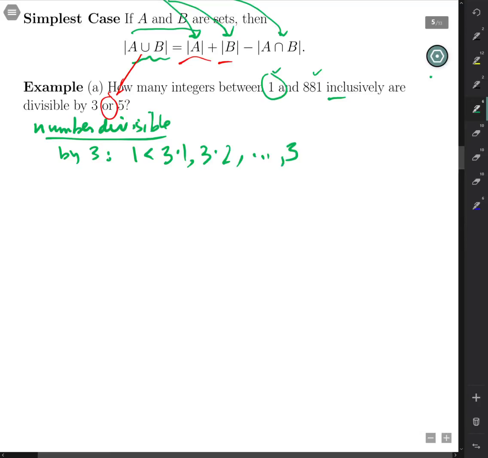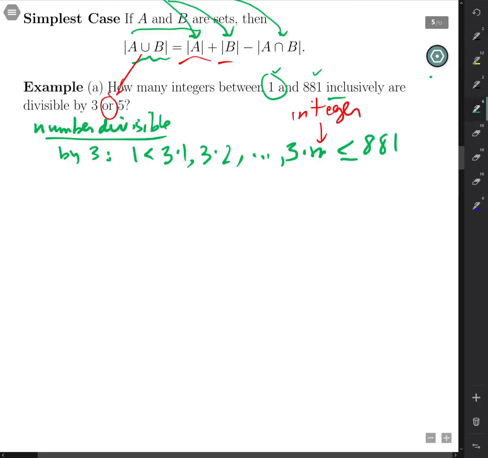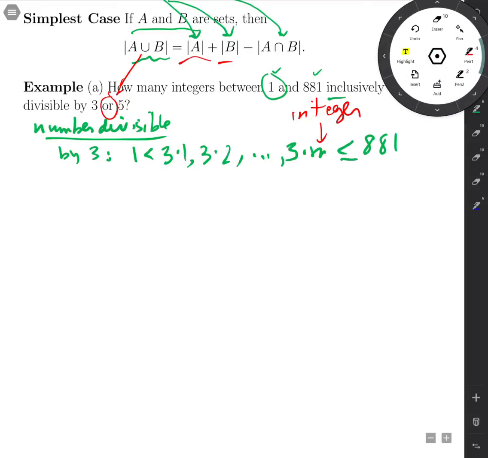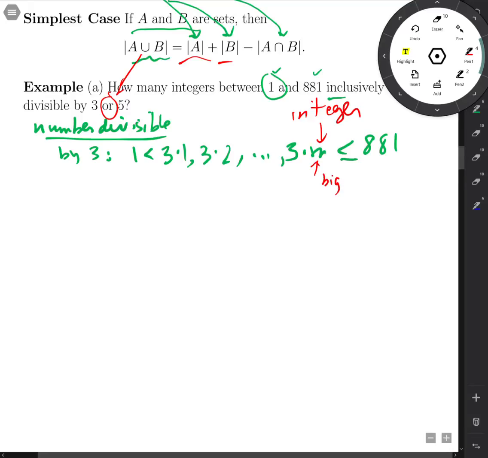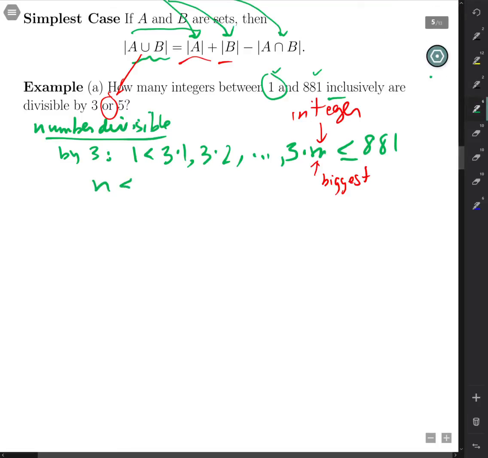The last thing that we would count would be 3 times n, where n is some integer, and not only that, 3n is less than or equal to 881. In fact, n is the biggest integer that satisfies that property. Another way we can say this is that n is an integer less than or equal to 881 divided by 3.